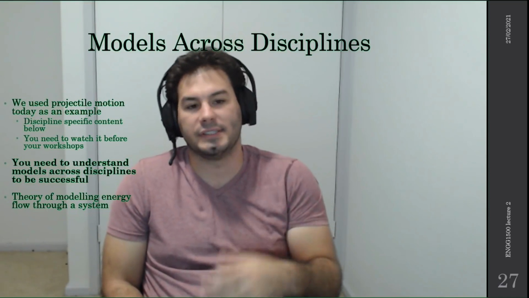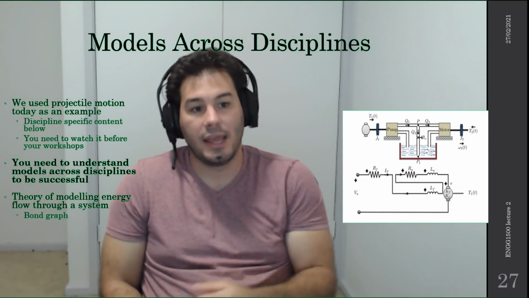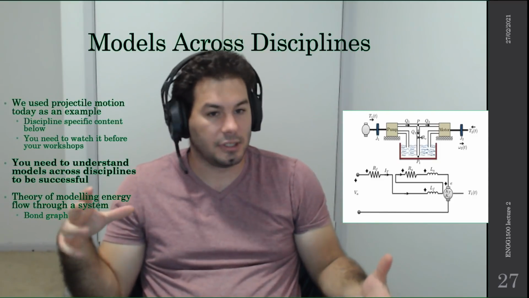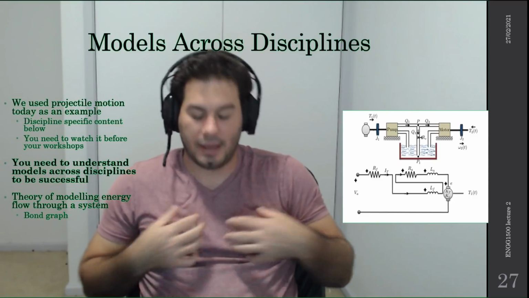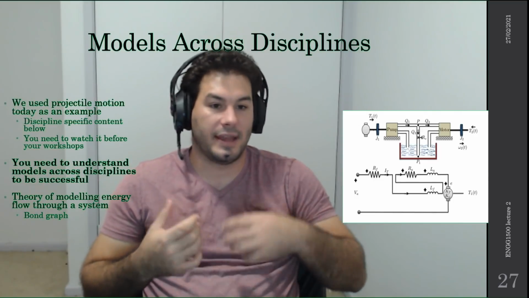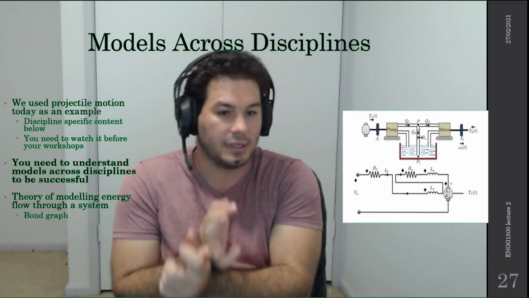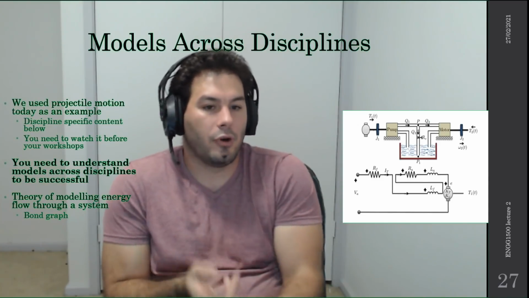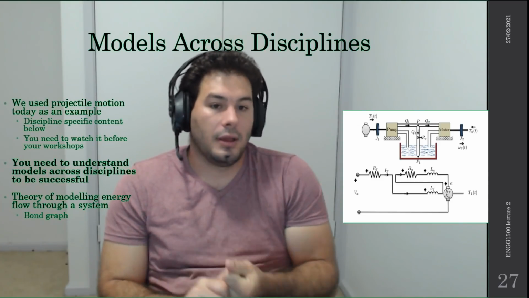There are some theories of modeling that are a little bit different to the way we've shown projectile motion. They would model energy, and one of the reasons they're very successful modeling styles is because energy flows through virtually any engineering system. Doesn't matter whether it's energy in a person being converted into electrical energy, into kinetic energy, into a machine, into a motor, into whatever.